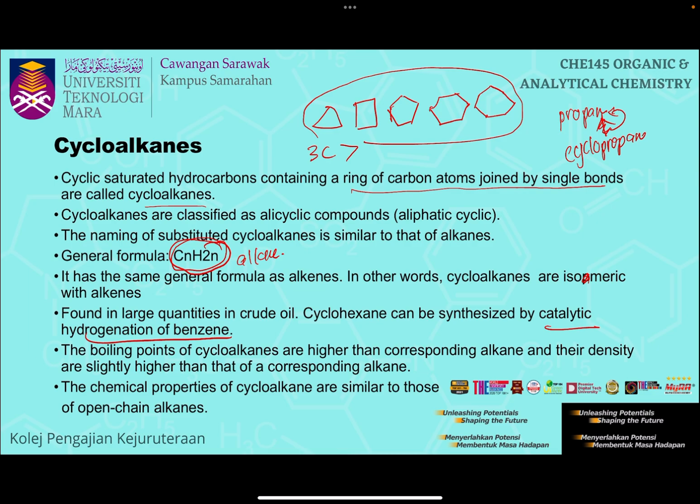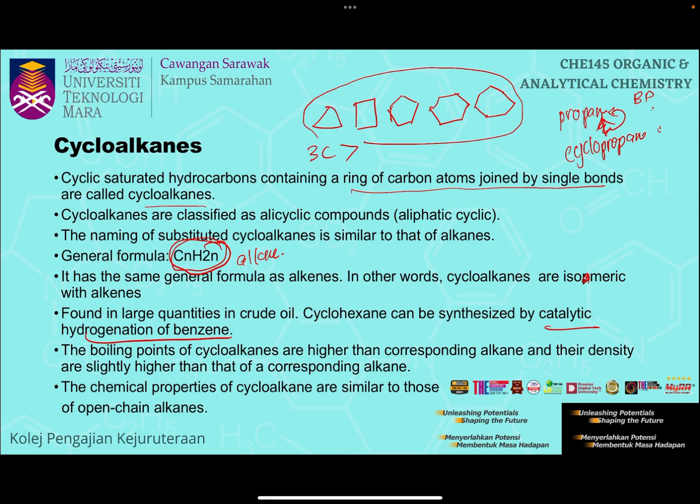So the cyclic alkane will have a higher boiling point than the straight chain alkane. Okay, the density also will be slightly higher. So if you want a better understanding, maybe you can Google the boiling points for propane and cyclopropane, then you can see the difference.